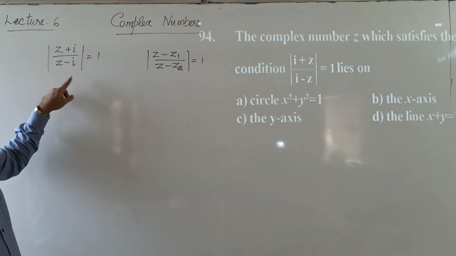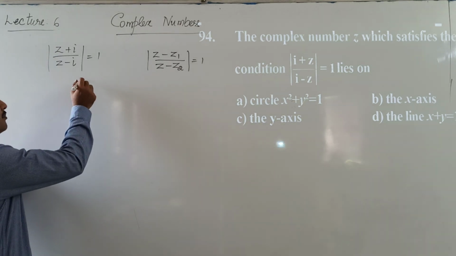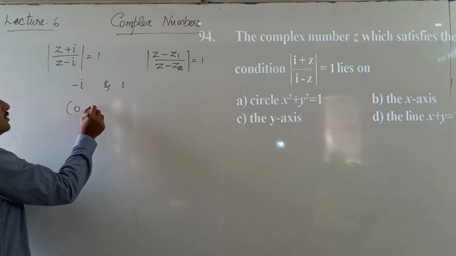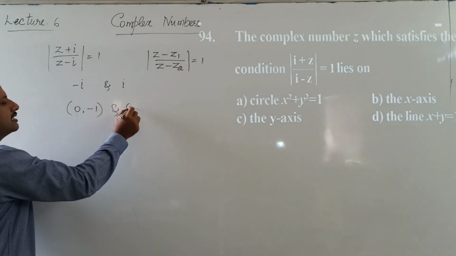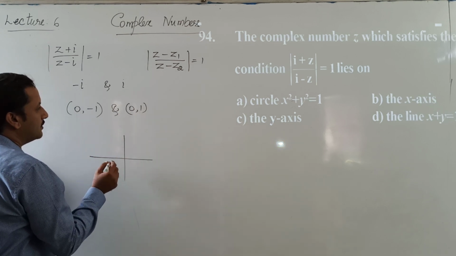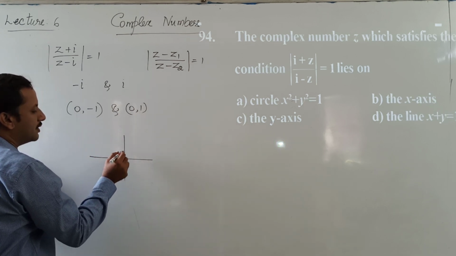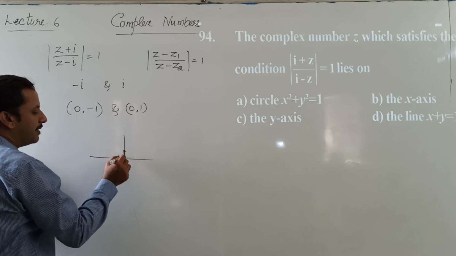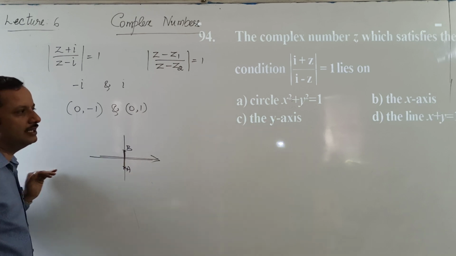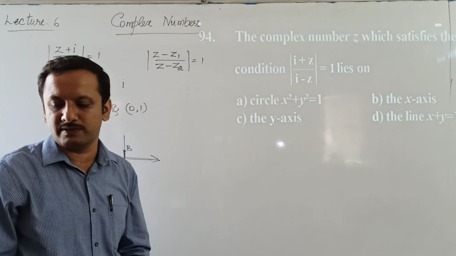So this represents the perpendicular bisector of the line joining minus i and i. Minus i is represented by the point 0, minus 1 and i is represented by the point 0, 1. Okay, so 0, minus 1 is here, 0, 1 is here. The perpendicular bisector of AB is nothing but the x-axis. That's the answer.